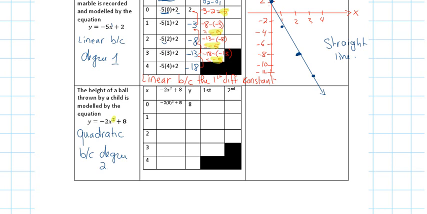Now, in the table of values, you are given the value of x, which is 0, 1, 2, 3, 4. So you're going to replace the x value with the x given to you. The first one is done for us. So it's negative 2 times 0 squared plus 8. BEDMAS says I have to do inside my bracket first. Do I have anything inside my bracket that I can simplify? No. After the brackets, what do you have to do?